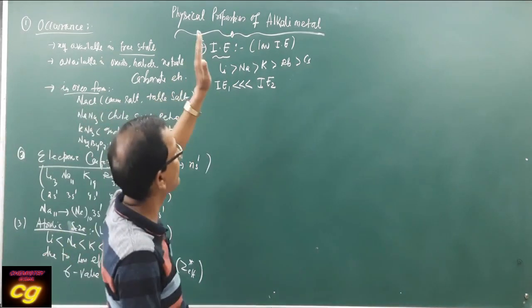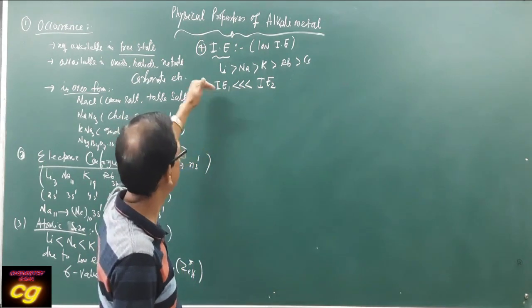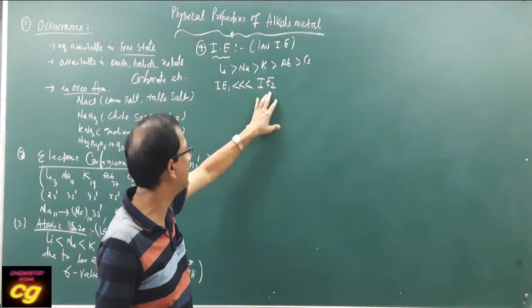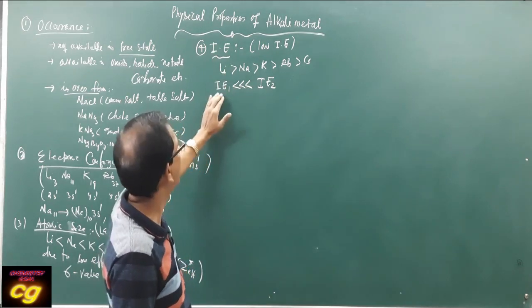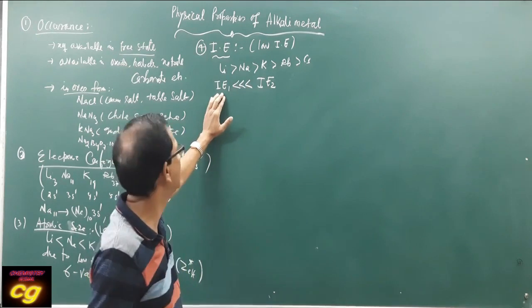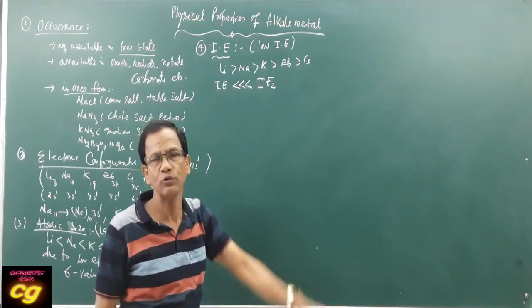This is very important. Generally they have low ionization energy, but if you compare the first and second ionization energy of the same alkali metal, I1 is very small compared to the second ionization energy.